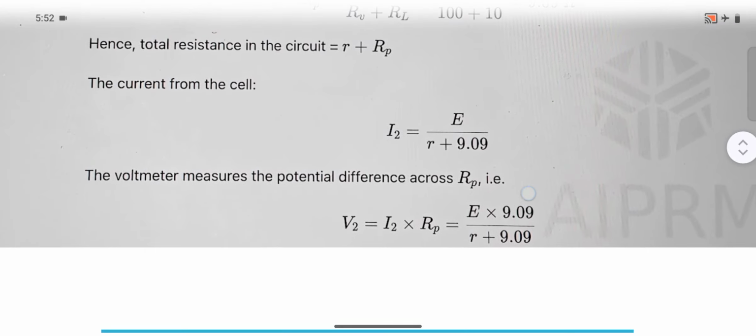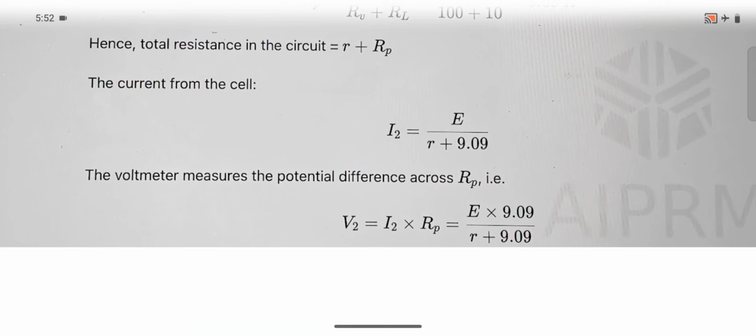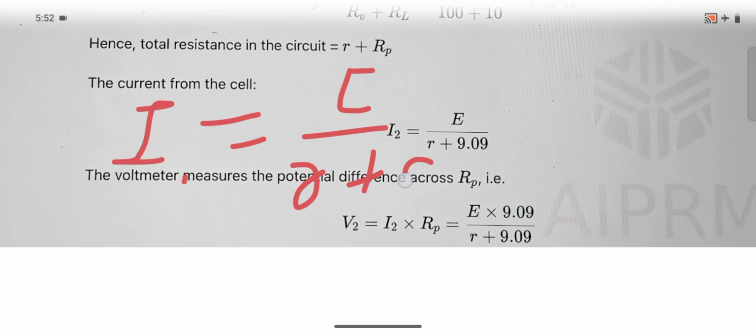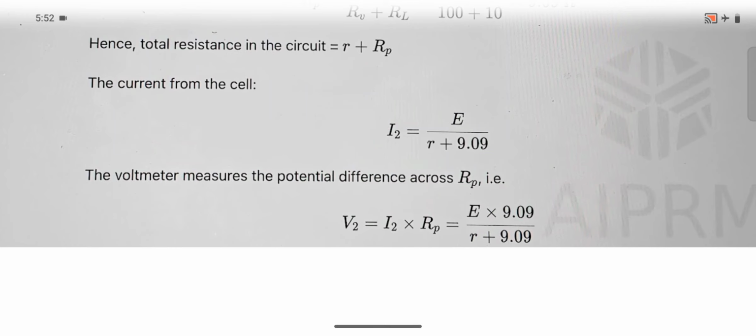Now the same formula we will apply: I is equal to V by R. So here I2 is E divided by r plus RP, which we already calculated. We have to calculate the internal resistance, and V2 in the second condition is also given. Simply V2 is I2 into RP; we put in I2 and get this equation.